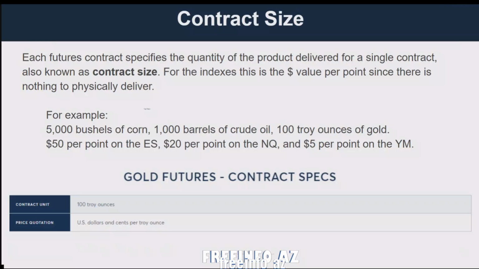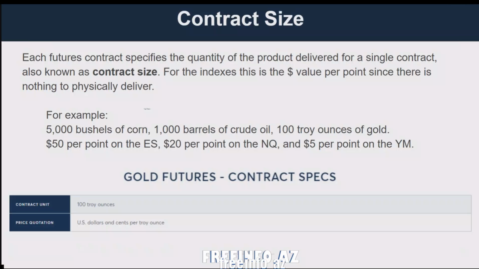I make a joking example of whenever oil went negative $40. The joke was you could have just taken delivery of that and put it in your swimming pool, and they would have paid you to do it, right? So there are all sorts of different caveats around trading, but I never expect a bushel of corn on the front porch or the troy ounces of gold that I was buying and selling contracts of to be delivered.